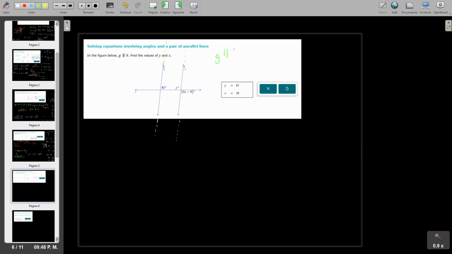G is parallel to H. Now it is intersected by a transversal. We're going to use the properties. They're asking us to find the value of y and the value of x.